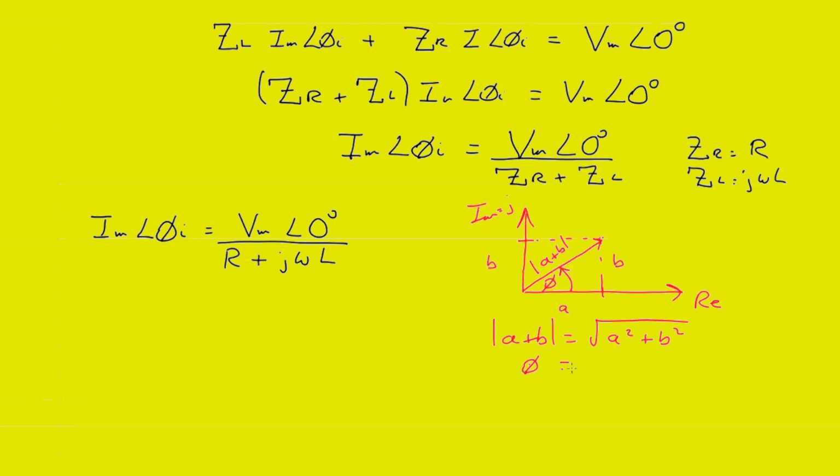And the angle is given by the inverse tan, tan to the minus 1, of the imaginary part divided by the real part.